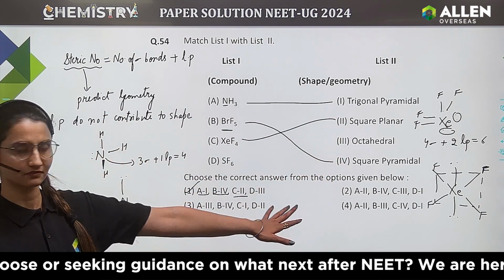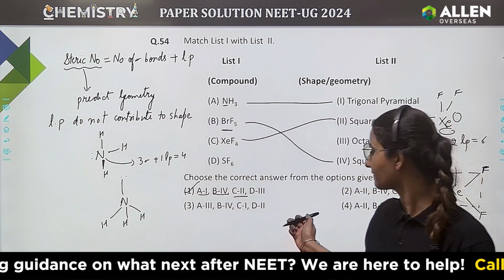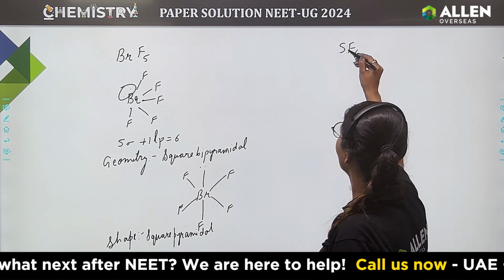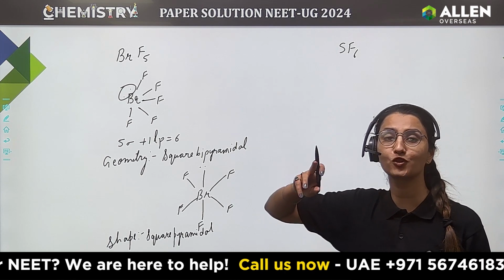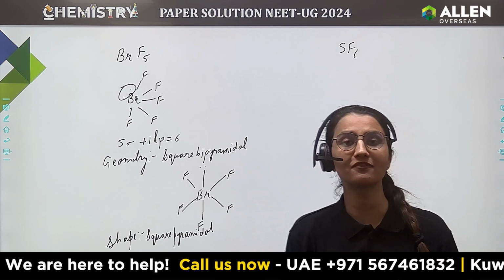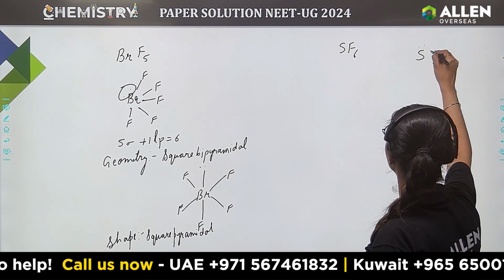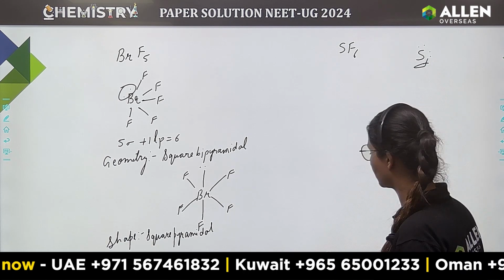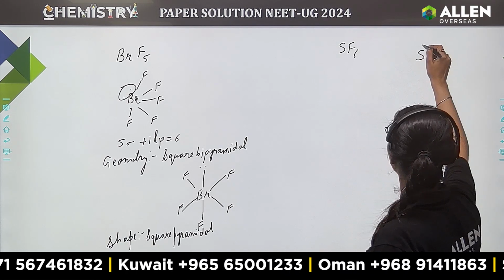Correct? Let's check quickly. Last one also. Students, SF6. Now in SF6, the central atom is S. It is an element of group 16. How many valence electrons? 6. Put 6 electrons around S. I've just put them; if you want, we can put them like this also. 1, 2, 3, 4.